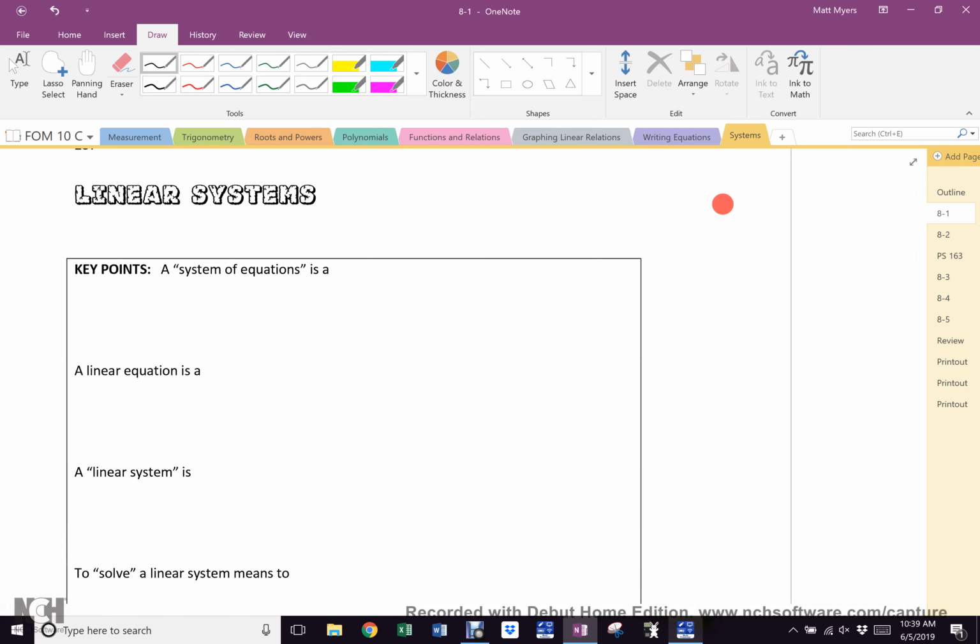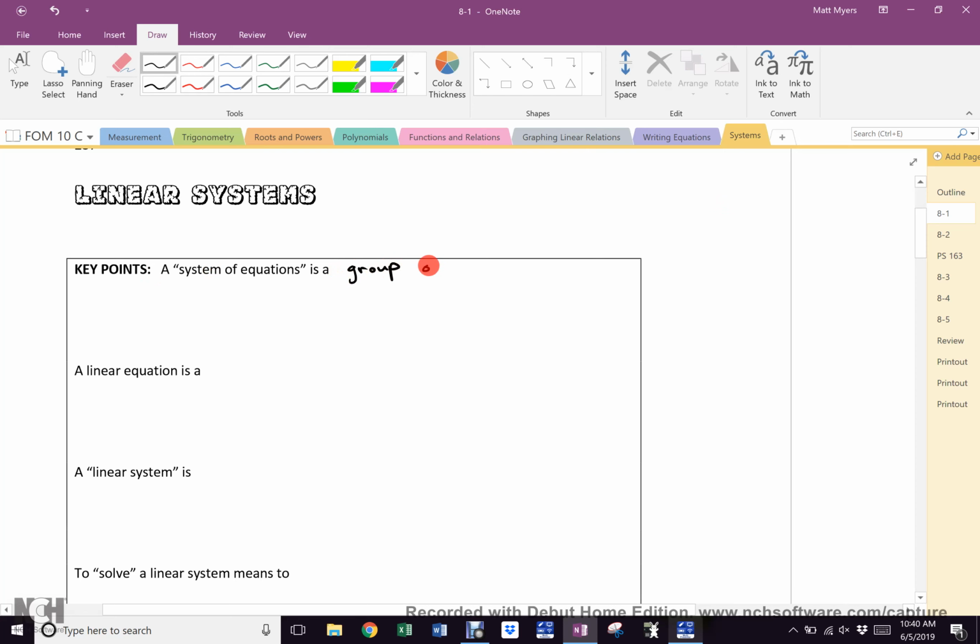So, if a system is a group of things that work together, and an equation is what we just saw, what must a system of equations be? Multiple equations that will do what? Work together to do something. What is the something that equations do? Get us an answer, right? So, a system of equations is a group, and when I say group, it has to be at least 2, right? Because if you only have one equation, it's not a group, right?